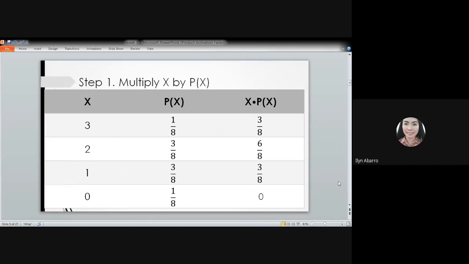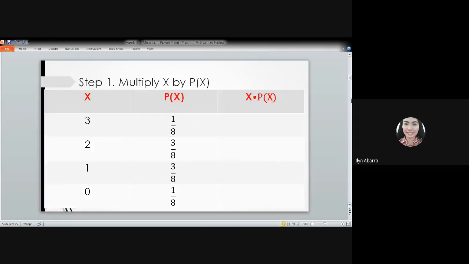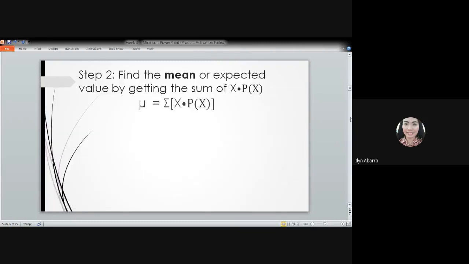Okay? So, in here, as you can see in the formula, kailangan natin is to get the summation of x times p of x. So, we're going to add 3/8 plus 6/8 plus 3/8 plus 0.